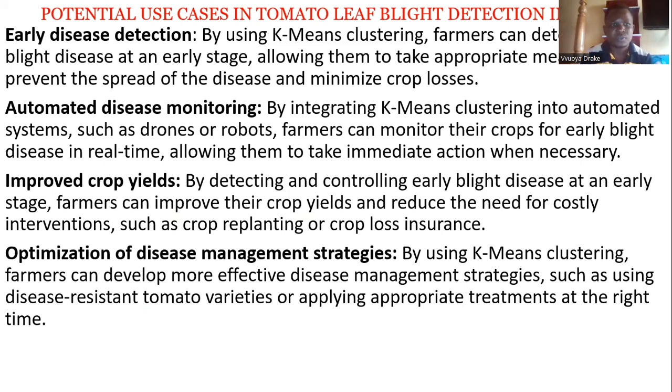So for potential scenarios, we are going to use machine learning in early disease detection, automated disease monitoring, and improved crop yields. Then there's optimization of disease management strategies using k-means clustering. So farmers can develop more effective disease management strategies, such as using disease-resistant tomato varieties or applying appropriate treatments at the right time.